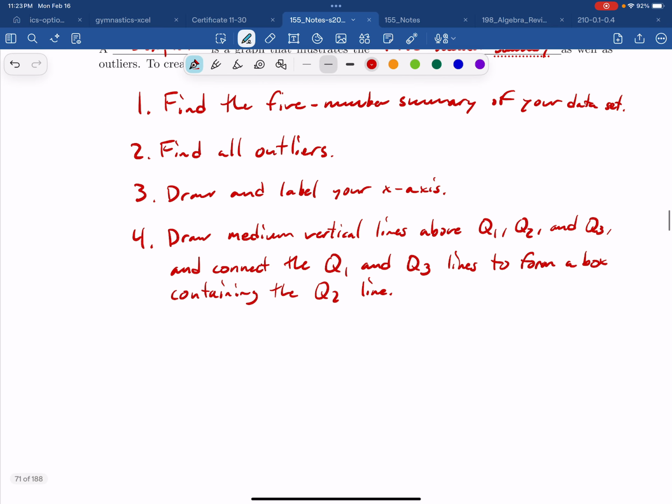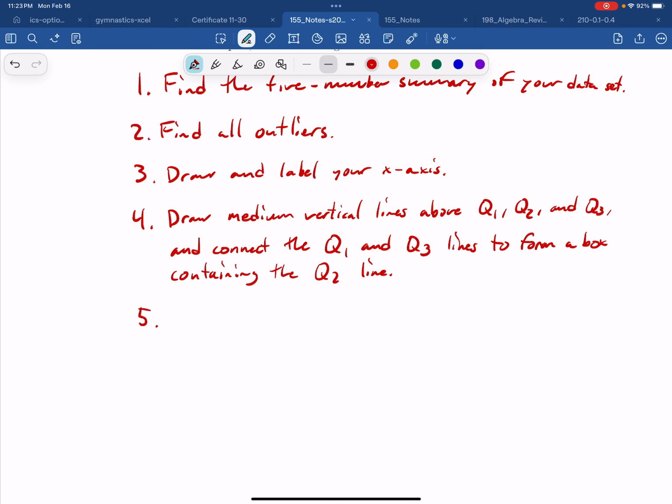Next up, draw small lines above min and max.